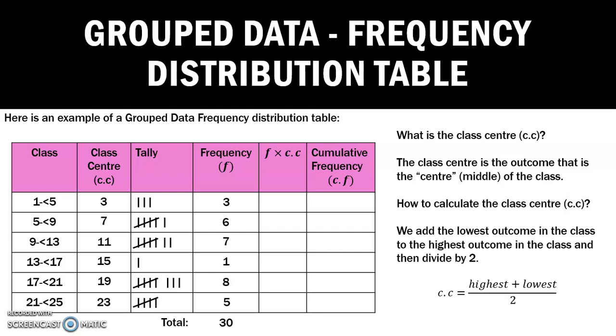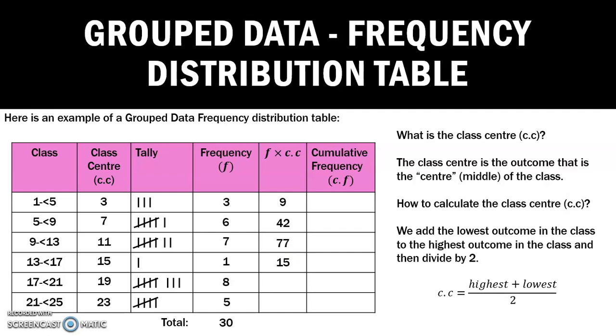We then have our F times CC column. So instead of having our F times X column, we have our frequency times our class center. The first one is our class center of 3 times our frequency of 3, which is 9. Then we have our frequency of 6 times our class center of 7, which is 42. Frequency of 7 times our class center of 11, which is 77.